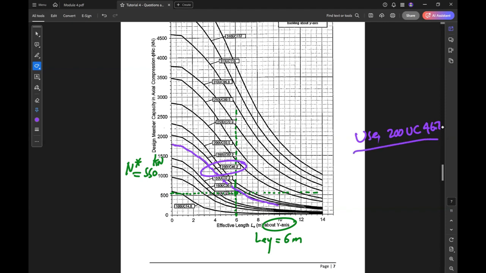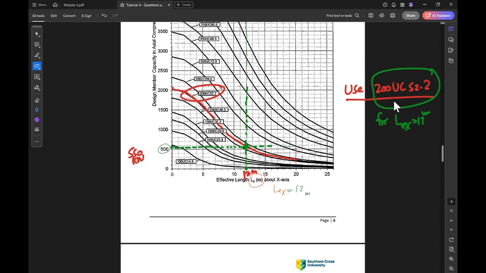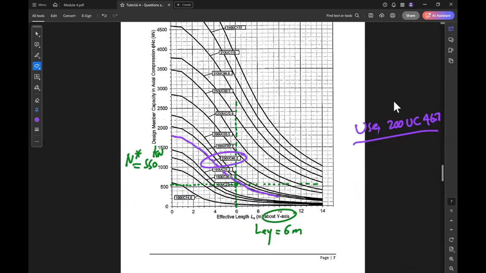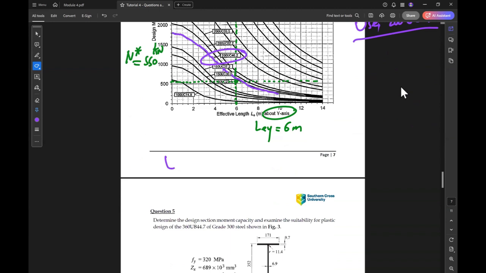Right? So we have two cases, similar to the table. Which one to use? This one, the red one, or the purple one? For the final result, use the largest, the biggest.